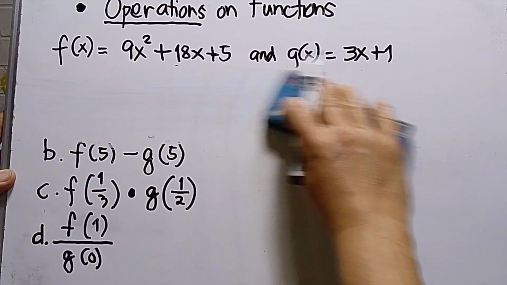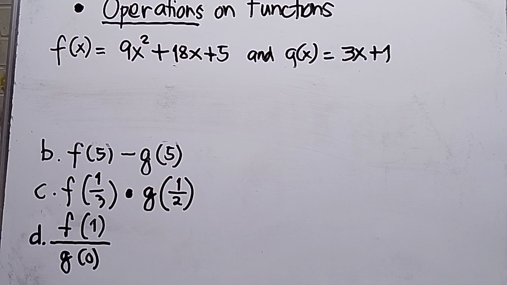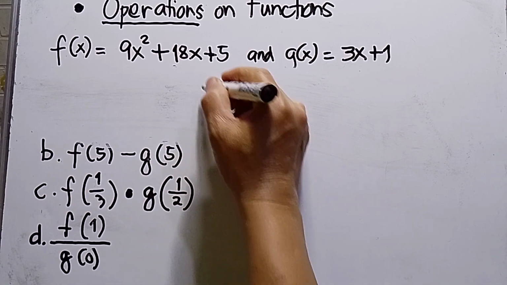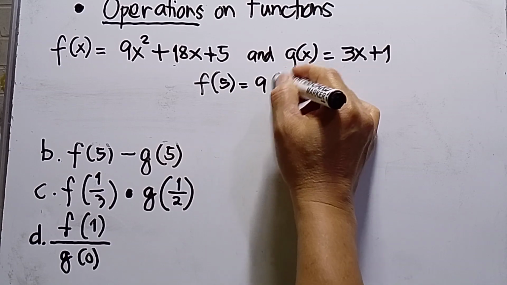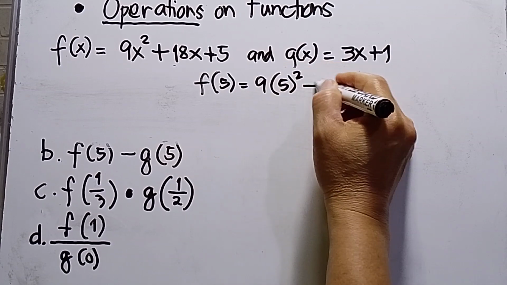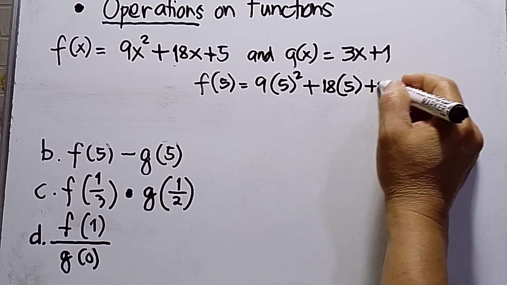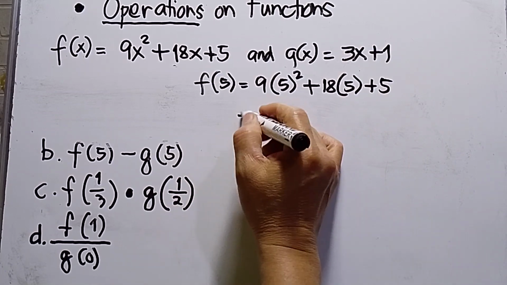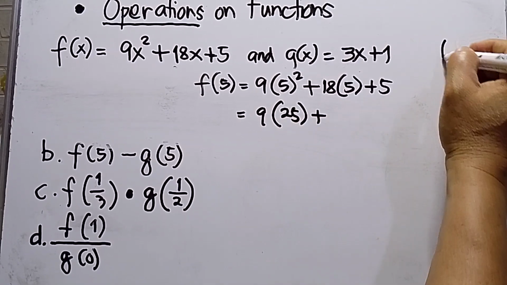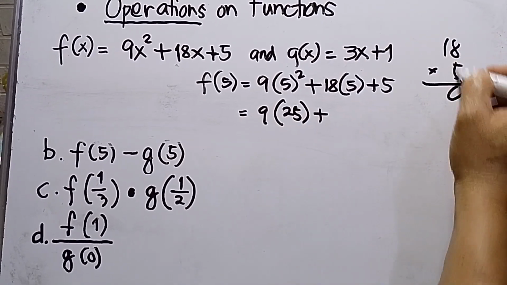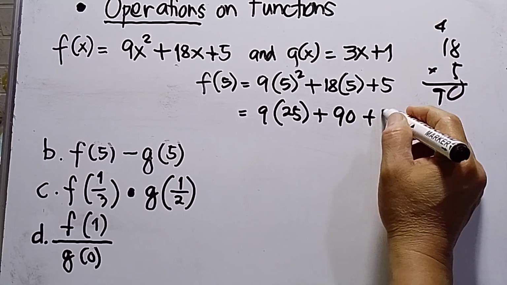Okay, how about letter B? Take note, letter B is subtraction or subtract function. F of 5. So 9 times 5 squared plus 18 times 5 plus 5. So this will be 9 times 25 plus 18 times 5, 0, carry 4, 90, then plus 5.